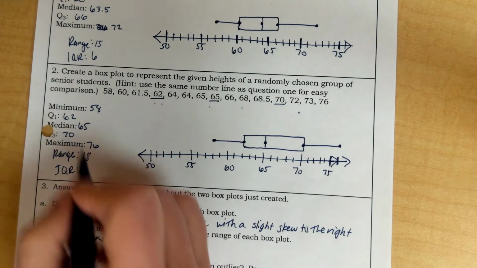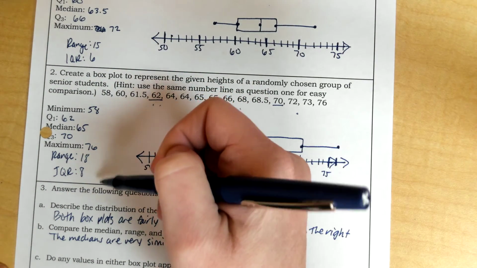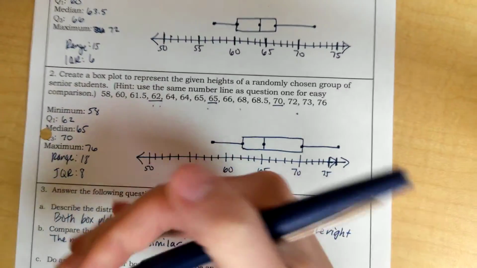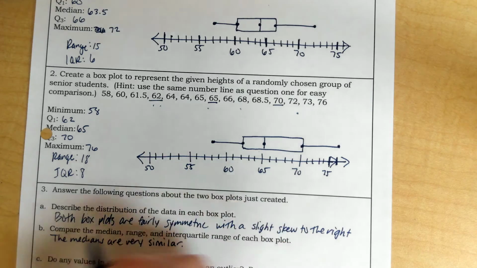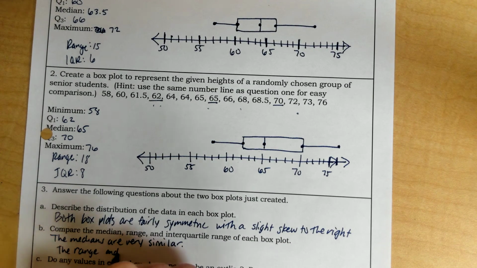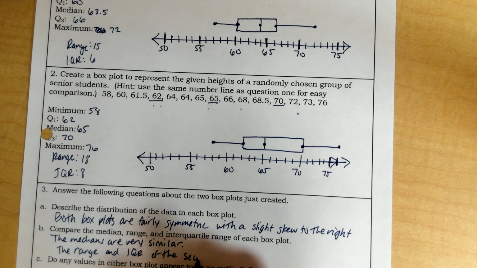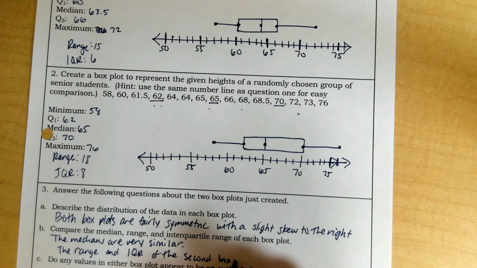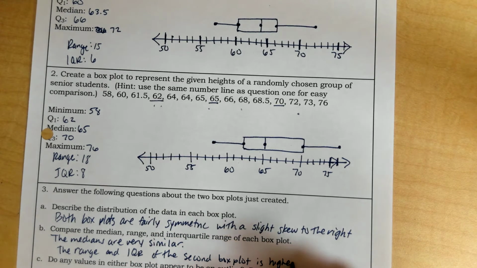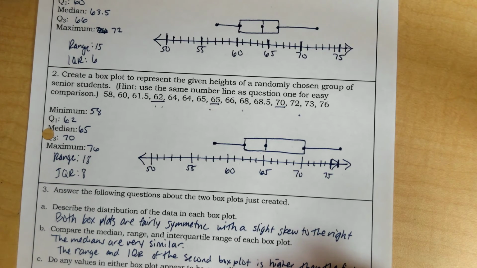So both the range and the interquartile range are greater in the second box plot than the first.